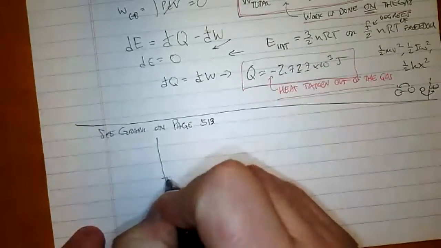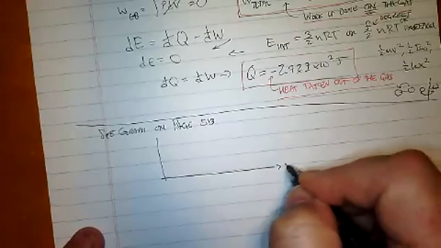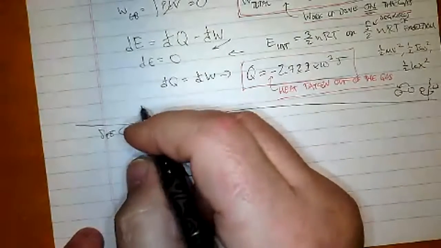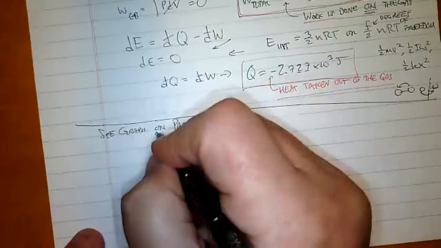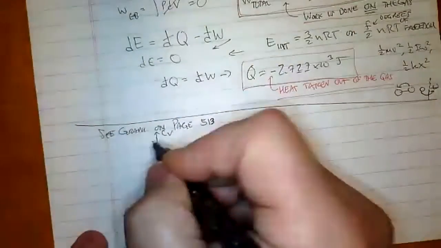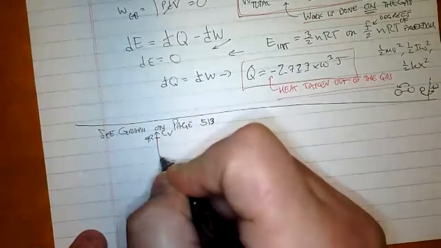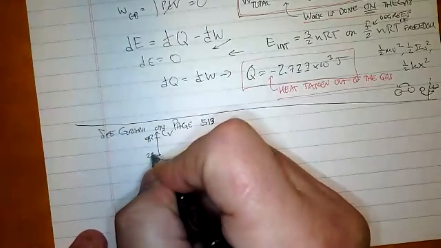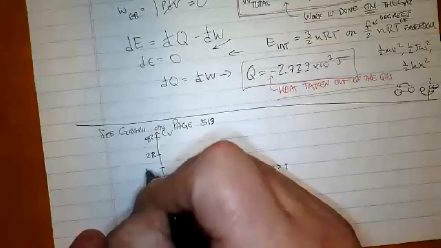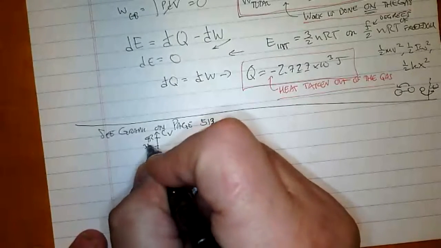This is kind of weird because it's a graph of something you don't know yet, but I'm doing it as a function of temperature T, and I'm doing what's called the molar specific heat at constant volume. And we're going to say this is 4R, this is 2R, this is 1R, and this is 3R.